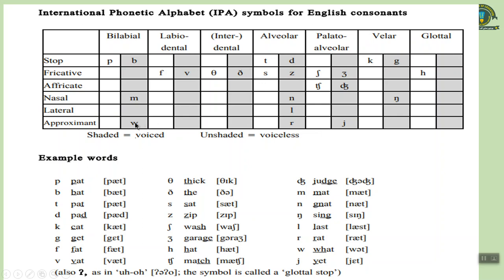So when we are pronouncing w, lips are coming close, but they are not actually blocking the air. When you are pronouncing r sound, tongue will come close to the alveolar ridge, but it will actually not block the air passage. This is why these are called approximants. Now the example words are given here on this slide as well.